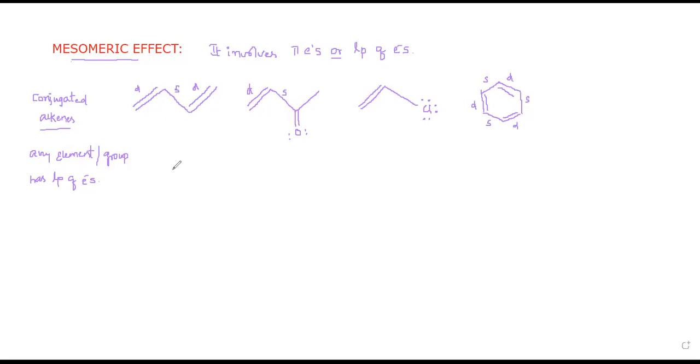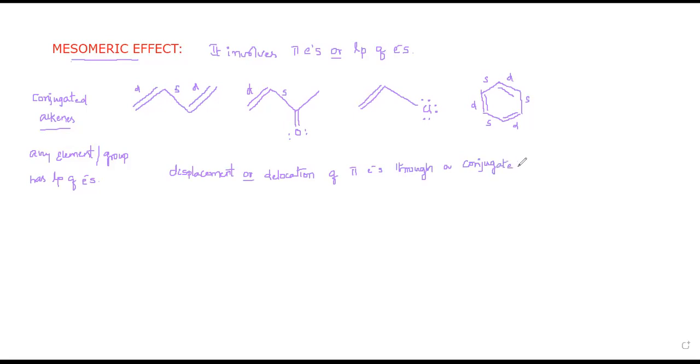In all these, there is a displacement, or instead of displacement we can say delocalization, of pi electrons through a conjugated system, and it is called the mesomeric effect.